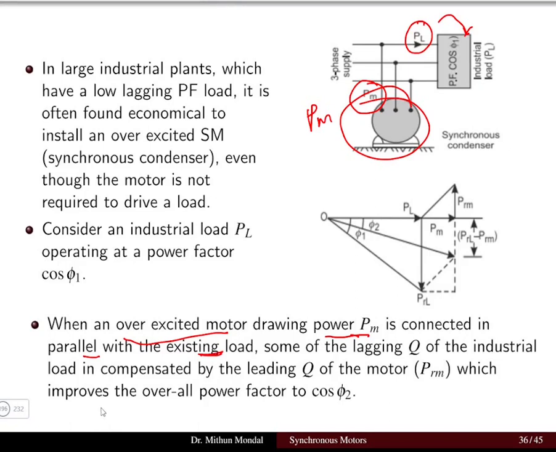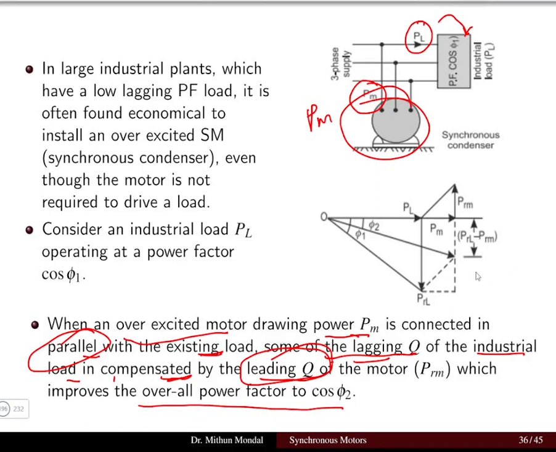The existing load is basically the inductor, and now the synchronous condenser is connected in parallel with it. Then the lagging reactive power of the industrial load is compensated by the leading Q. This leading reactive power is due to the synchronous motor, which is improving the overall power factor of the entire system, that is cos phi 2.